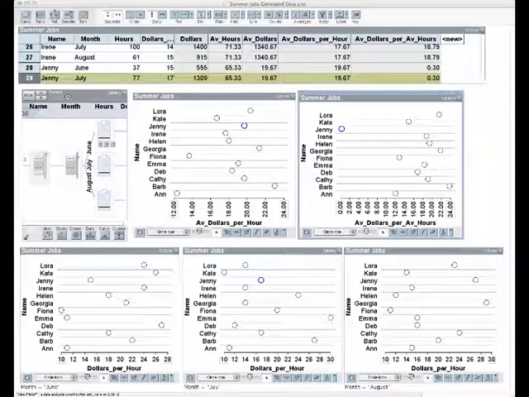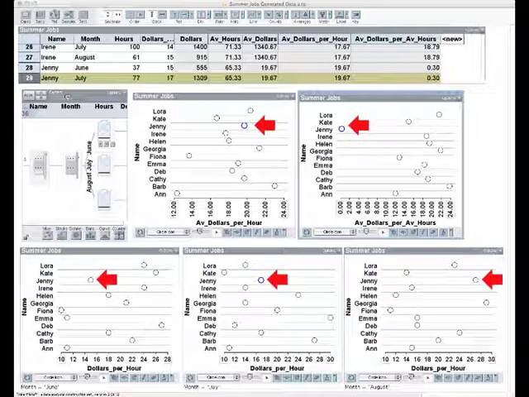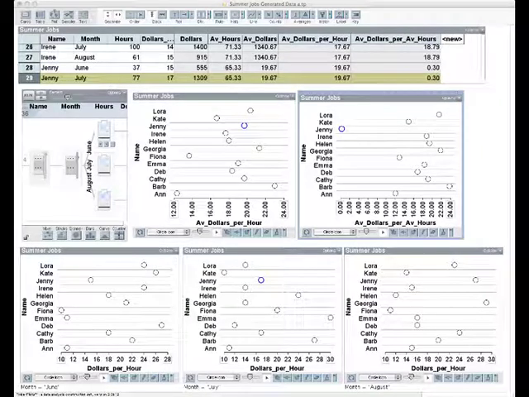To further investigate interesting cases, click on this case in any of the graphs and then look at the case that is highlighted in other graphs. For example, in this graph, Jenny scores low in June and July. But, she scores high in August. So, her productivity is not consistent across the 3 months.